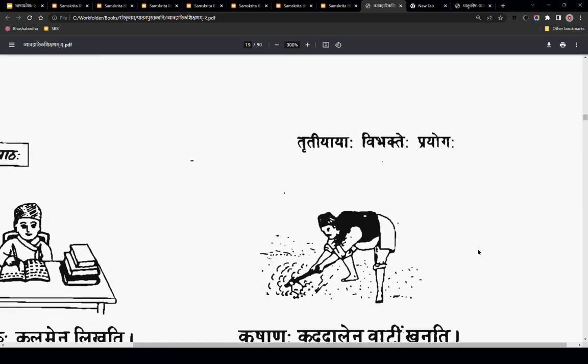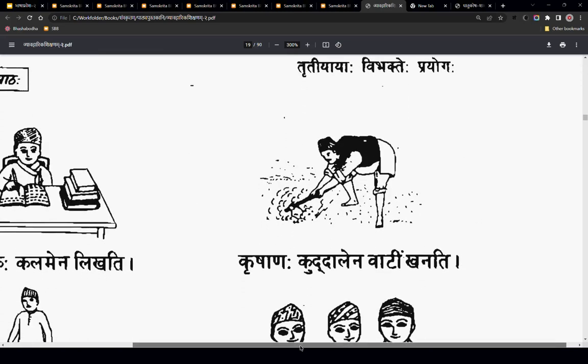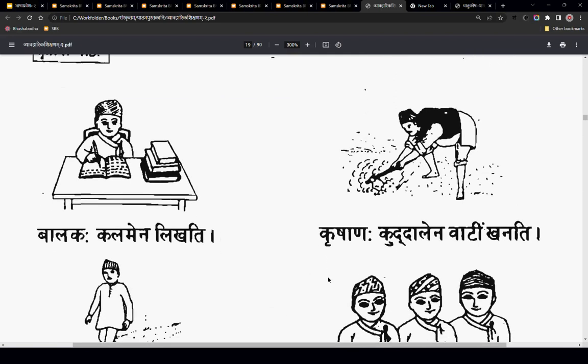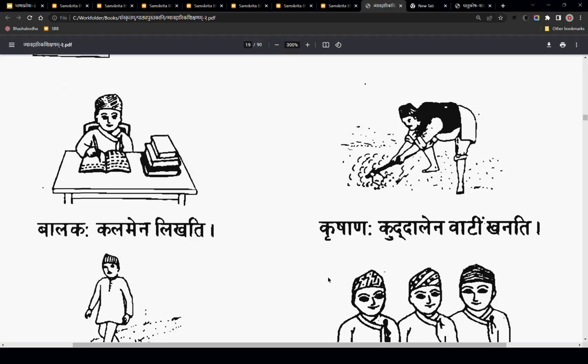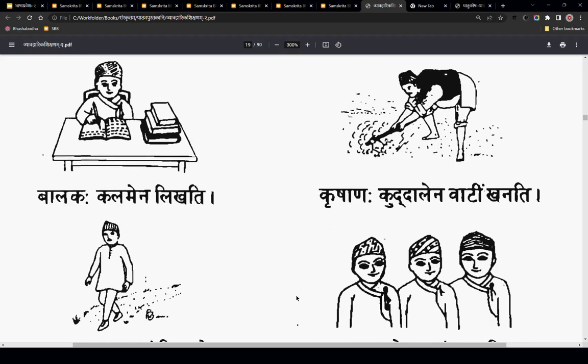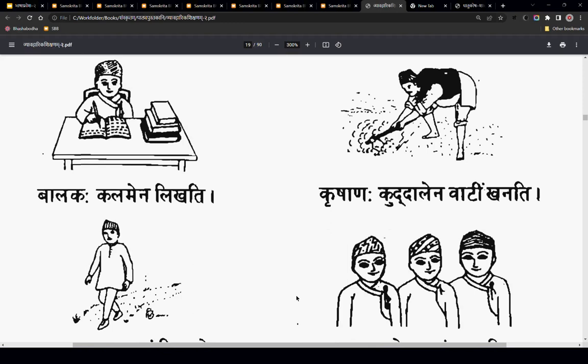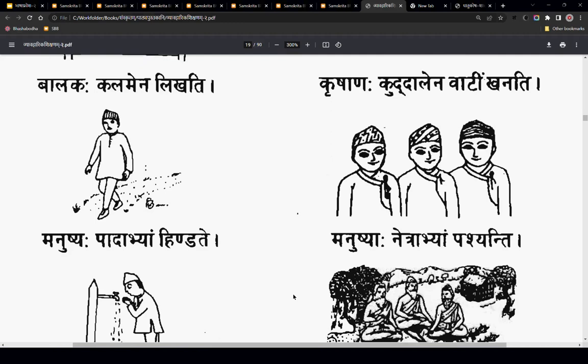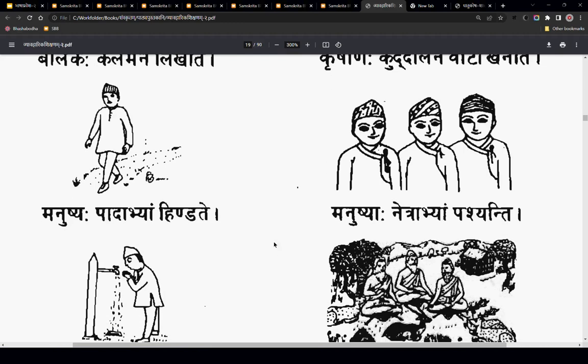Okay, move on. Tritiya vibhakti, used as an instrument here. बालकः कलमेन लिखति अथवा लेखन्या लिखति. कृषाणः कुद्दालेन or you can say also खनित्रेण वाटीं खनति. मनुष्यः पादाभ्यां हिण्डते.